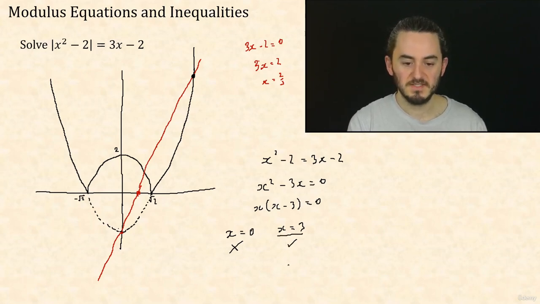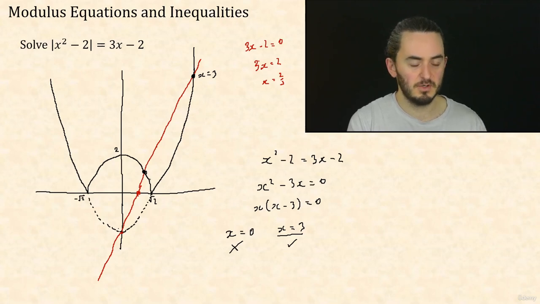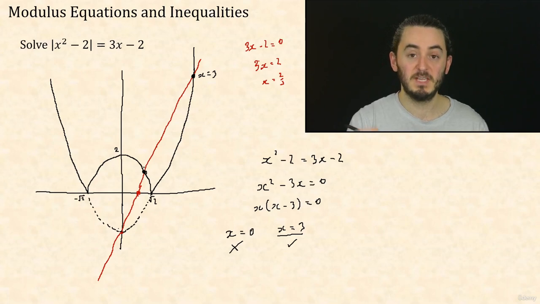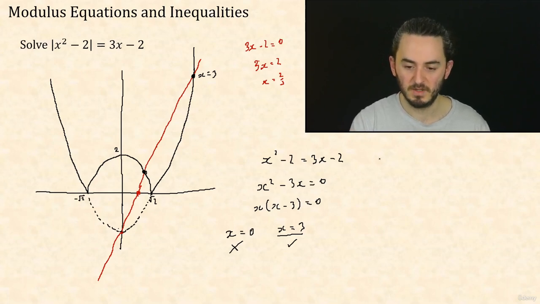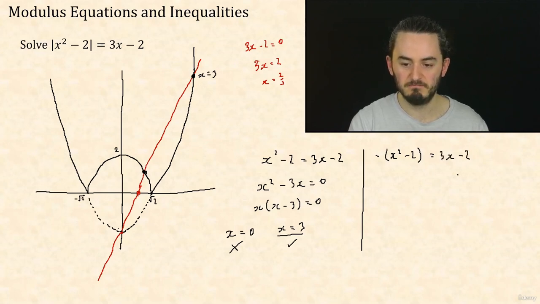All right, let's see if we can find the other. That's this point here, that's x equals 3. Let's see if we can find this solution. This solution is where our red line intersects the part of the original function that was negative and got made positive by multiplying by -1. So that's found by taking the negative of x squared minus 2 and setting that equal to 3x minus 2.